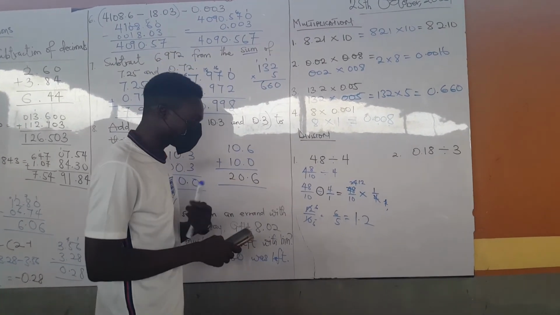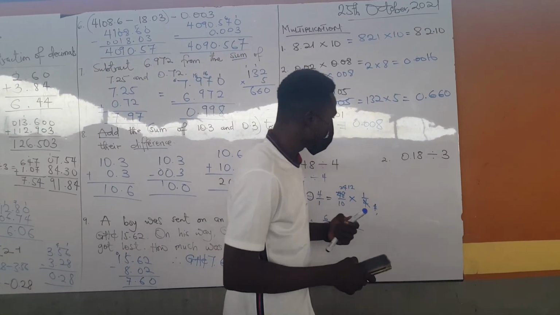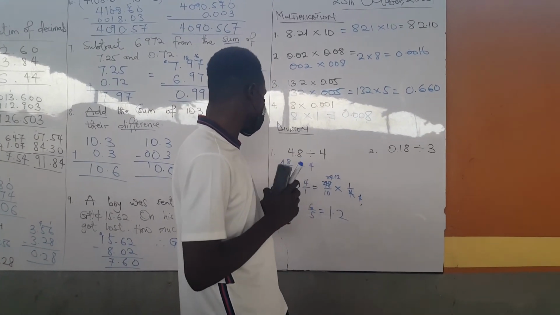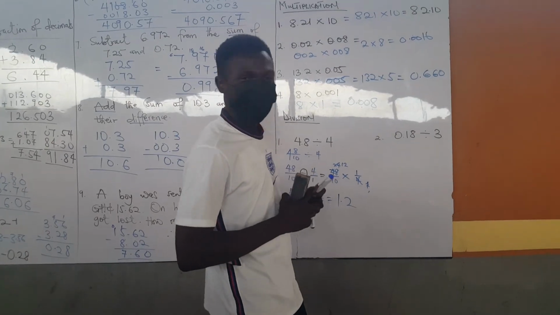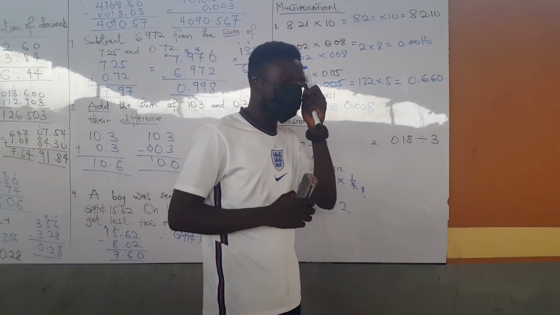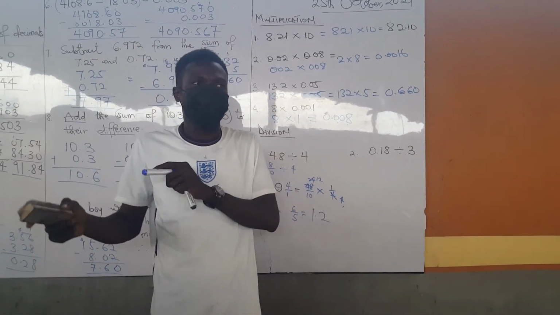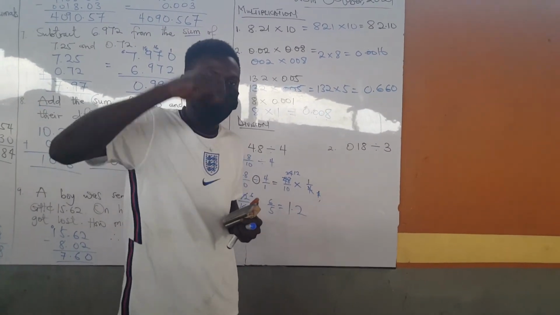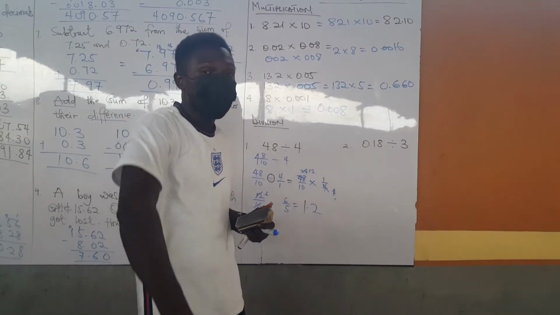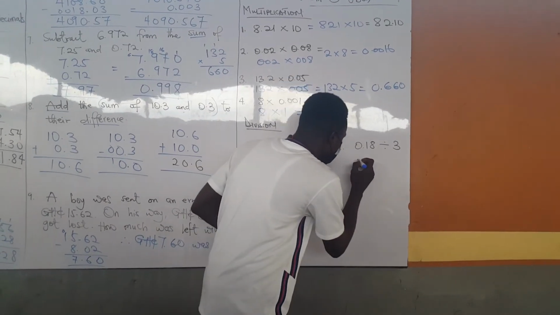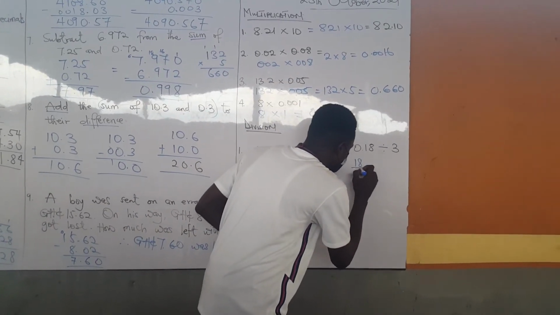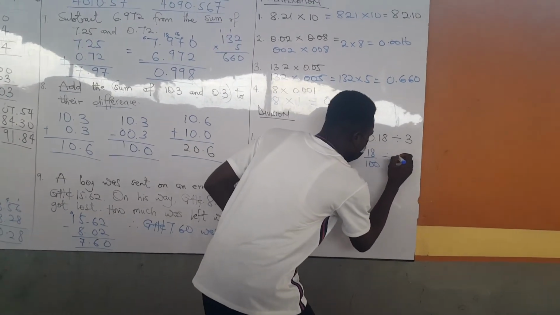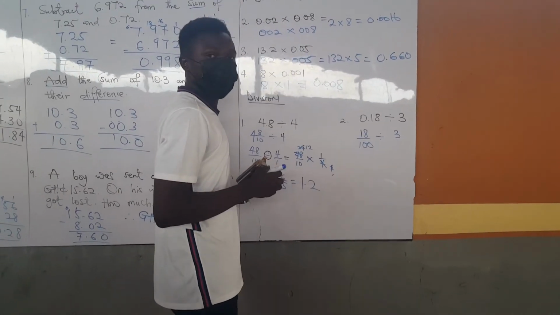And let's look at the second example. Because of the board, we are unable to solve more questions on this one, and we apologize. So let's look at number 2. We have 0.18 divided by 3. Also, make sure that you change the decimals into common fractions. So this is going to give me 18 over 100 divided by 3.